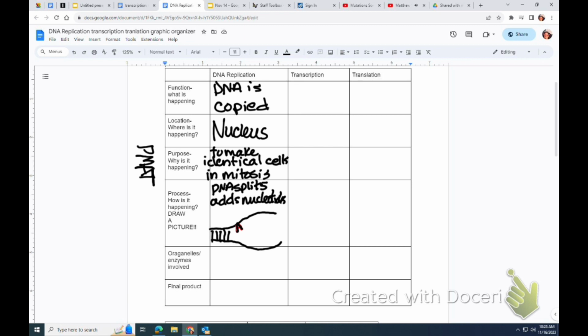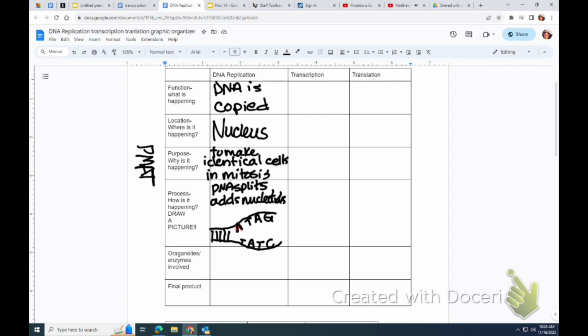A, T, A, G. And my original was T, A, T, C. Because you see those match, right? My originals here are complementary. So then I have to come in with my new, and it's going to be the opposite of that.